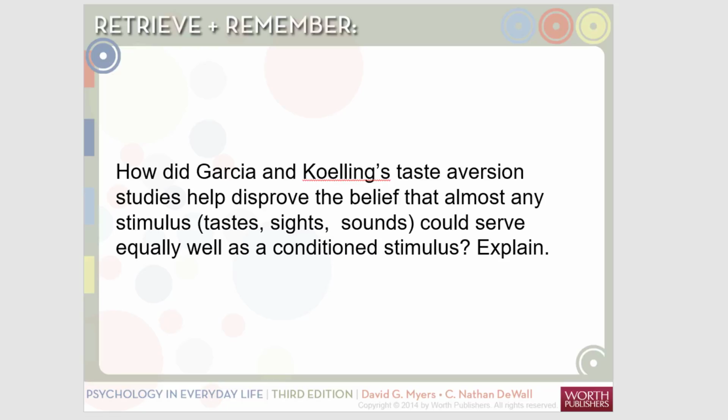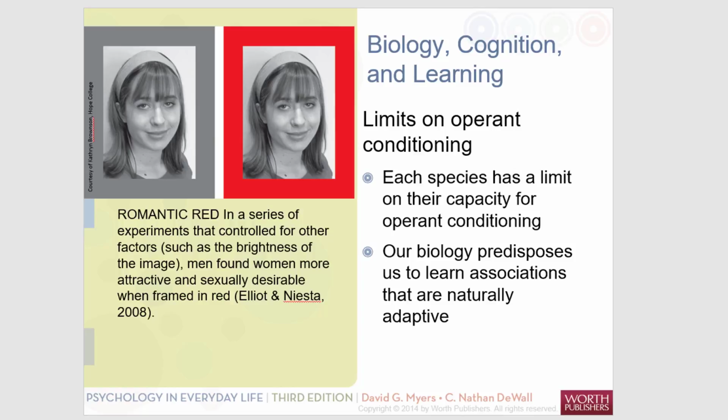Our biology helps us learn associations that are adaptive. Watson believed that we learned through rewards and punishments.